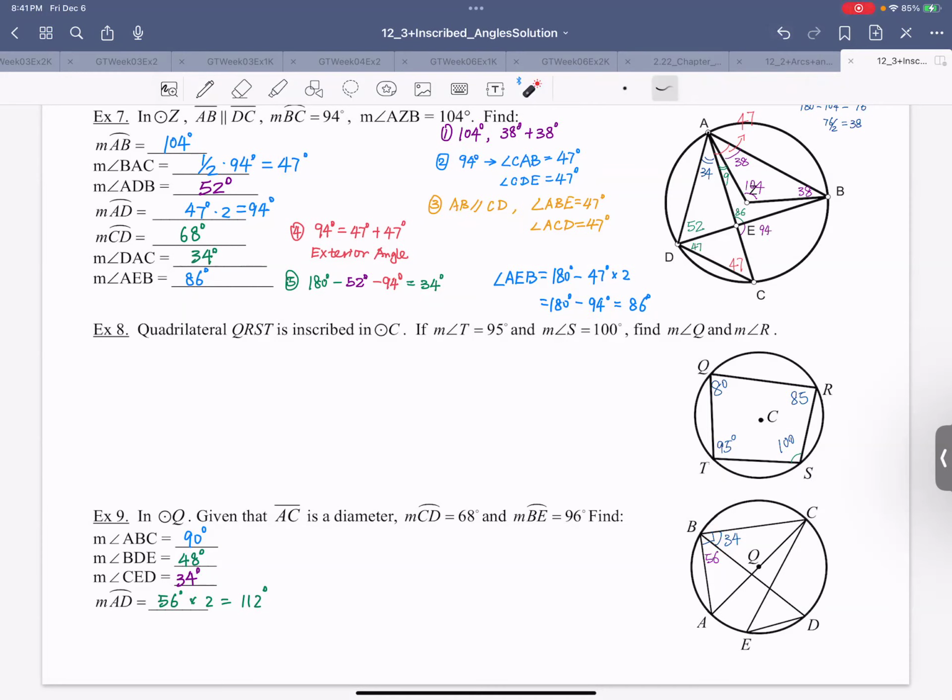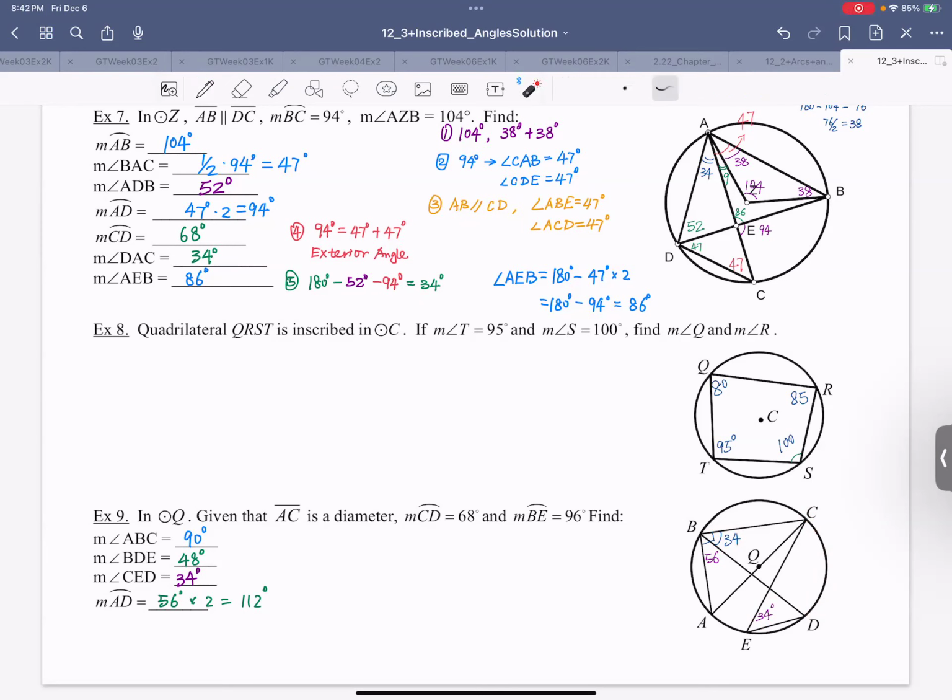Next. This arc corresponding to this angle. This arc also corresponding to this angle. So how much is here? 34. Yes, there's two equal, which is this arc. So this is 34 also. Next.